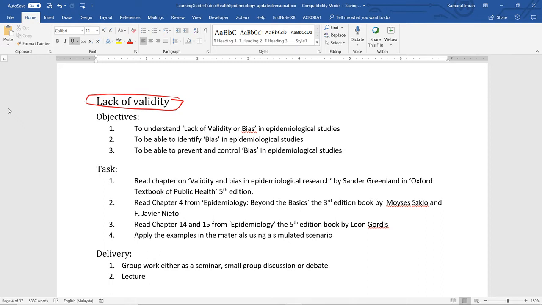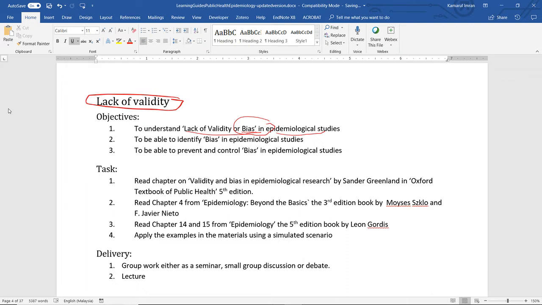So first, lack of validity. The objective of this part of the lecture is to understand what lack of validity is. It is also known as bias, especially in epidemiological studies.